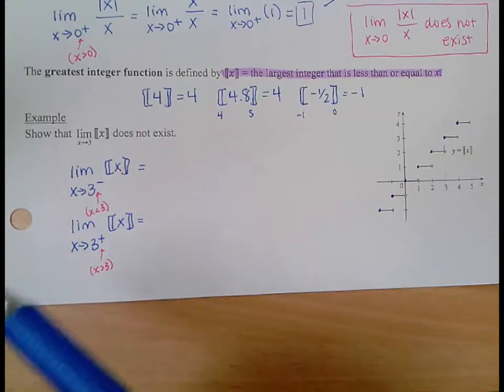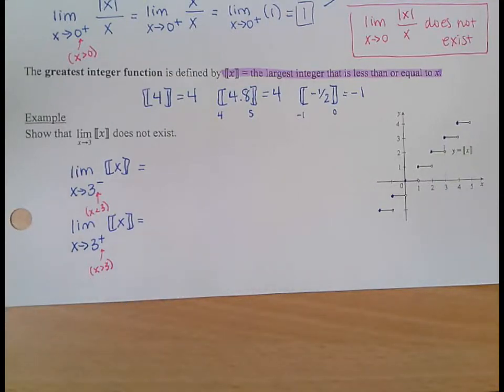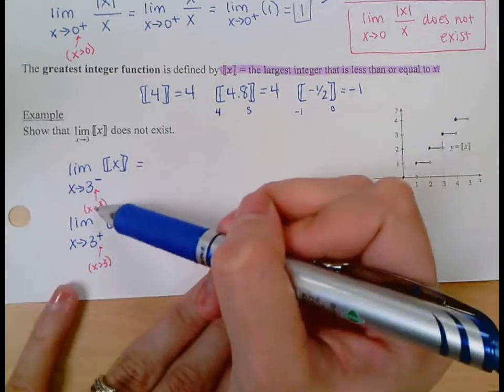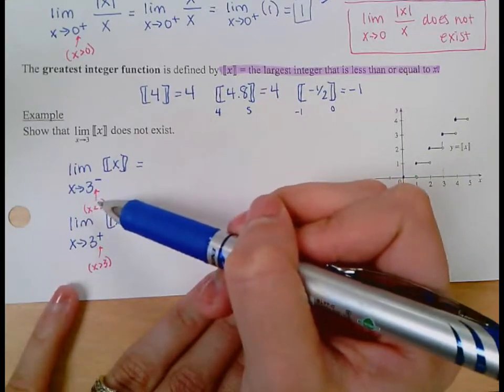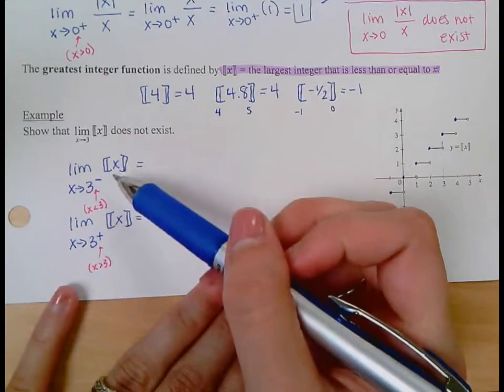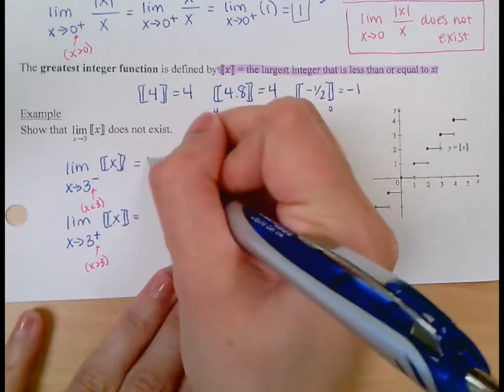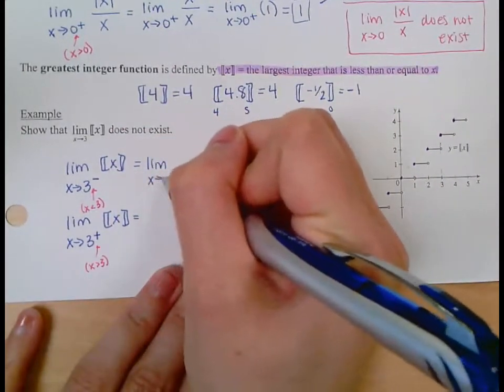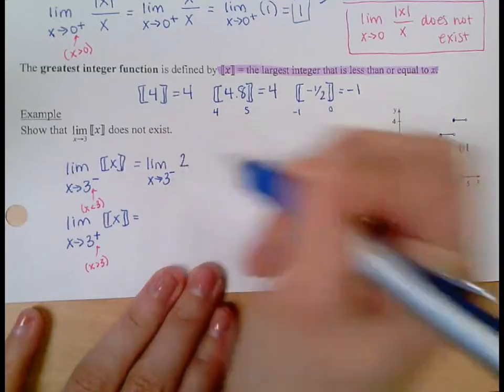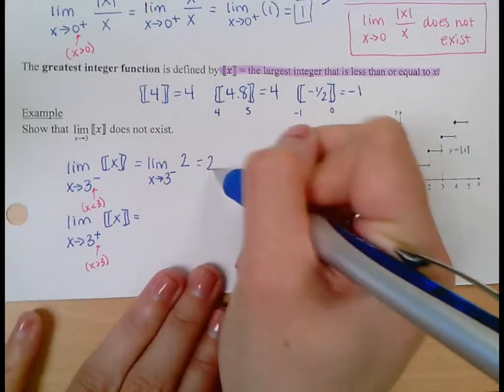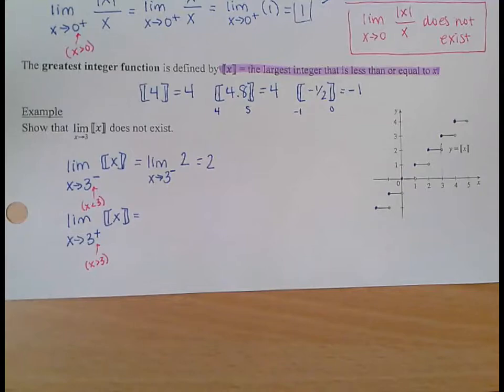Approaching from x values less than 3, but still close to 3, for example x is 2, then 2.5, 2.75, 2.9, getting closer to 3, all of those values round down to the integer 2. So the limit as x approaches 3 from the left is 2.